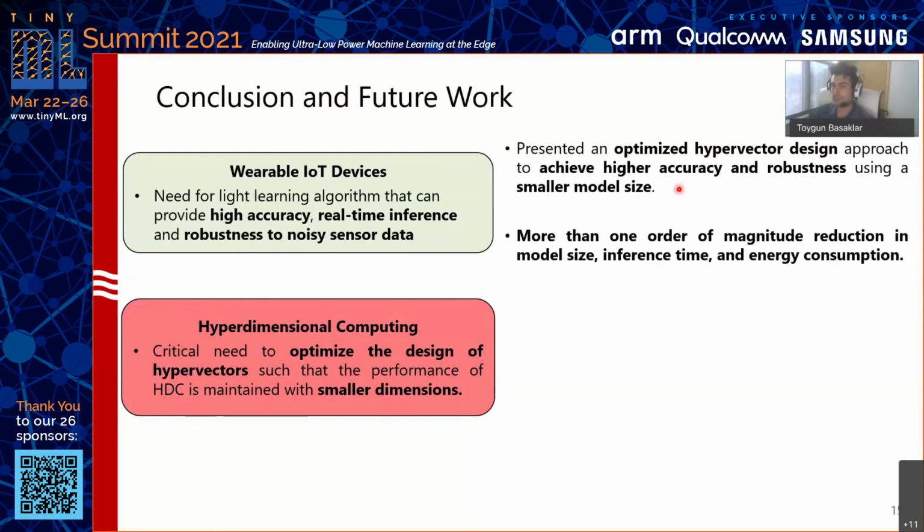And evaluations on 4 health application datasets show that we can achieve more than 1 order of magnitude reduction in model size, inference time, and energy consumption, while achieving increased accuracy. It also optimizes the trade-off between accuracy and robustness of the model.